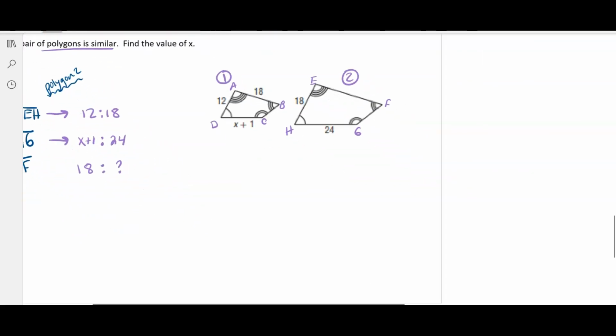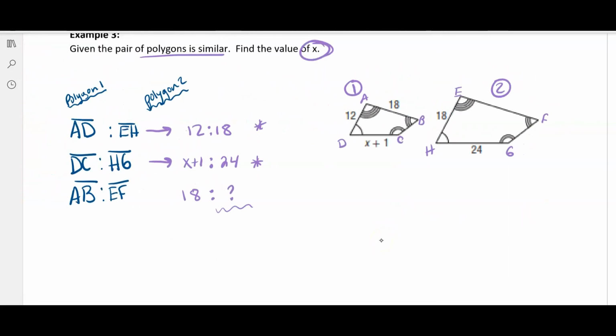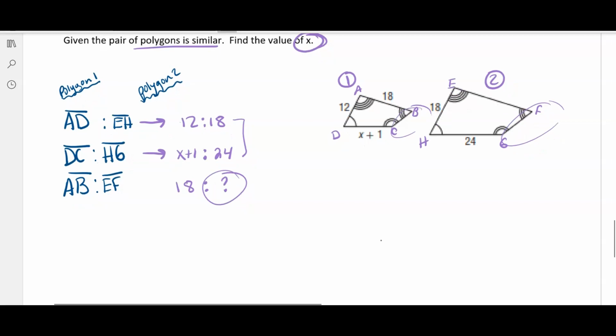Notice we know the first one 100%, which is great. In the third one we're missing one of the sides, and there's a whole side here that we have nothing for. So we're just going to skip over the ones that we don't know things for, because we're just solving for x.